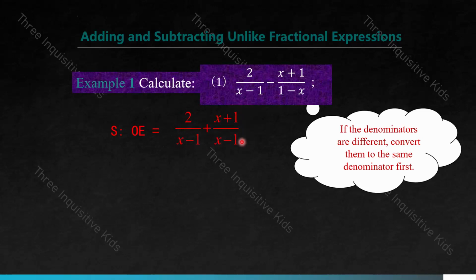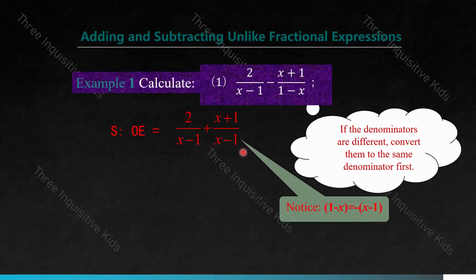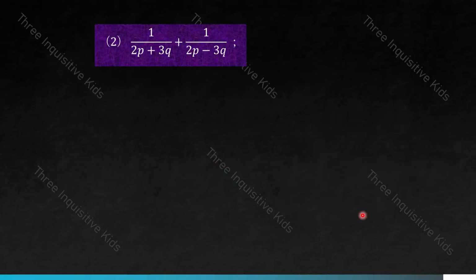So as you can see, the operation changed from subtraction to addition, but our denominator also changed. It was multiplied by -1. So notice how 1 minus x is the same thing as -1 times x minus 1. So simplifying this, we get 3 plus x over x minus 1.